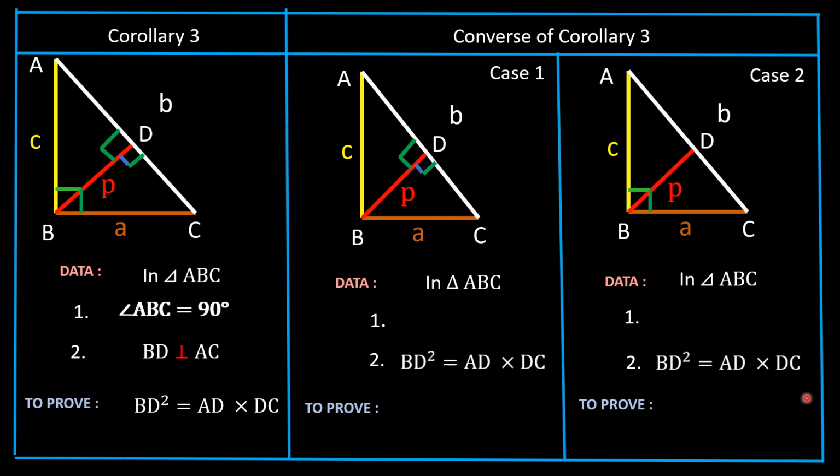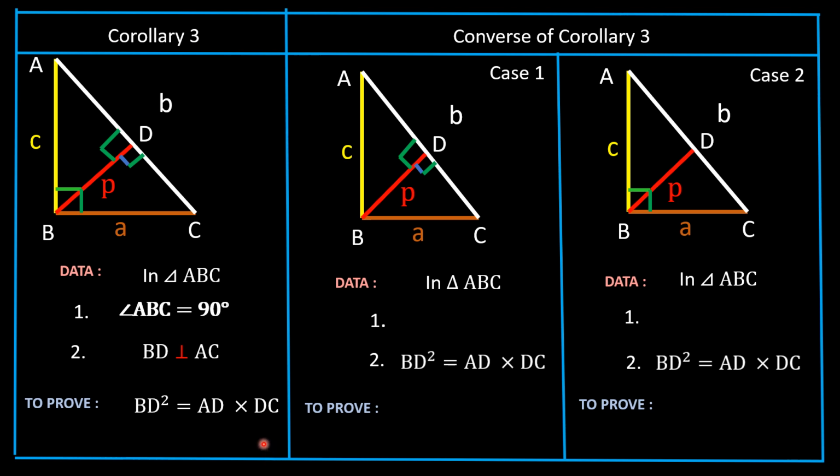So to prove has become data. Now data should become to prove. But we have two things here in corollary number 3, saying that angle ABC is 90 and BD perpendicular to AC. So shall we do it like this, friends? Let us take the second condition BD perpendicular to AC, and make it one of the conditions for case 1, so that the other part, that is angle ABC is equal to 90 under data, should become the to prove part.